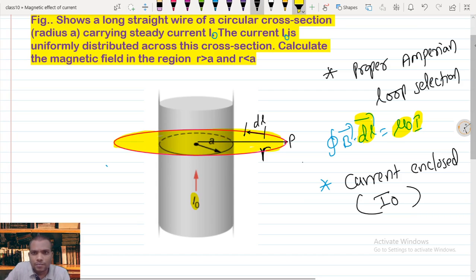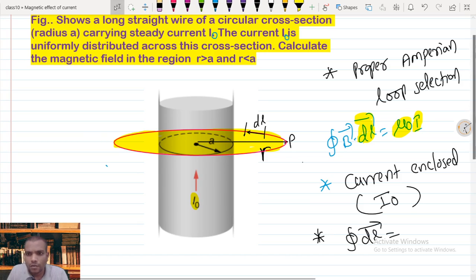In this case the closed integral of dl bar equals 2 pi r, where r is the radius of the loop. Like this, if you separate the steps, then it is easy to apply.